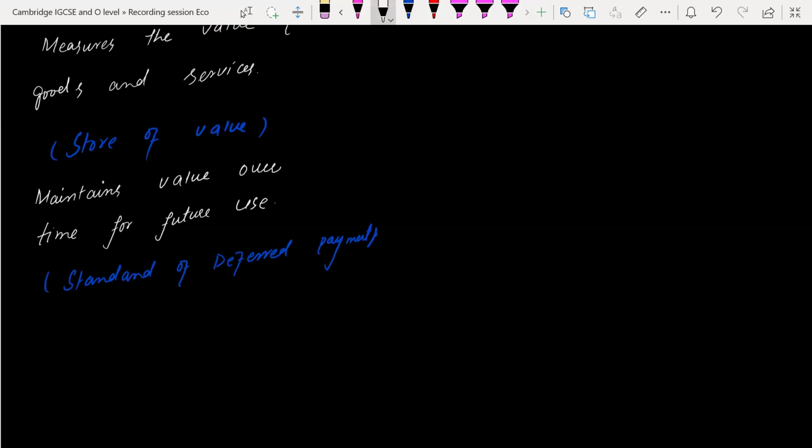We receive the debts from somewhere and we promise that we will pay in futures. So used to settle debts payable in future.